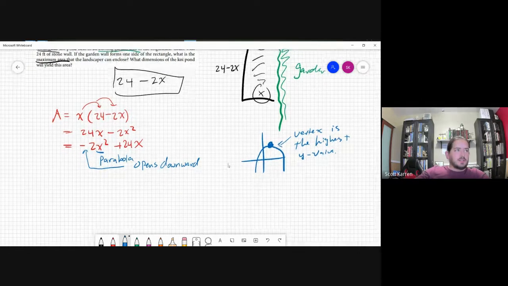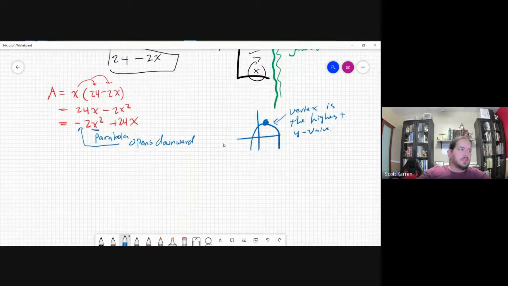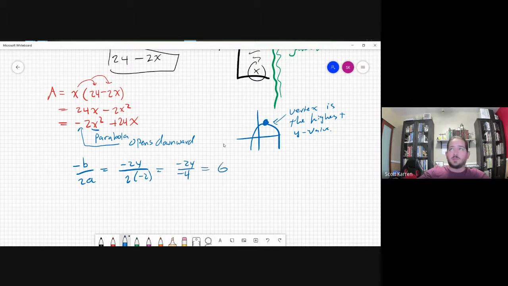So let's do this. Negative b over 2a is negative 24 over 2 times, well, a is negative 2. So that's negative 24 over negative 4. That is a positive 6. So then what is the greatest area?